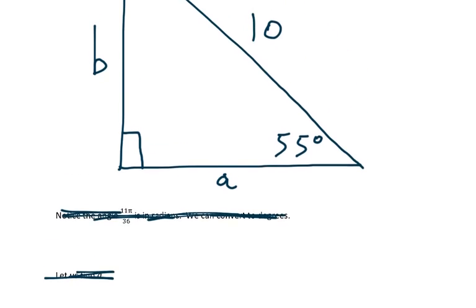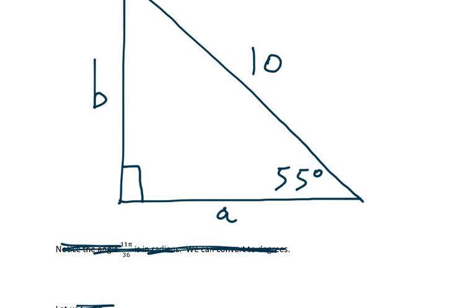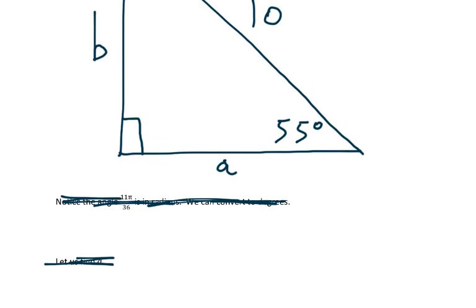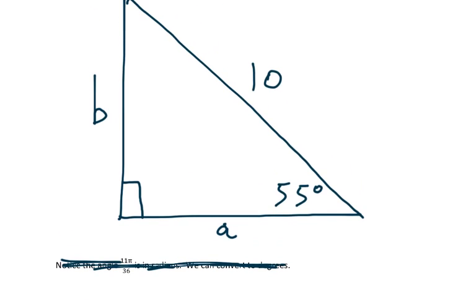So now what we're going to do is we're going to find B. We're not going to use A though. Okay? We're not going to use A, excuse me. So here, B, as you can see, let me bring this down. B is the opposite. 10 is the hypotenuse. Opposite, hypotenuse, as before in the other video, right?